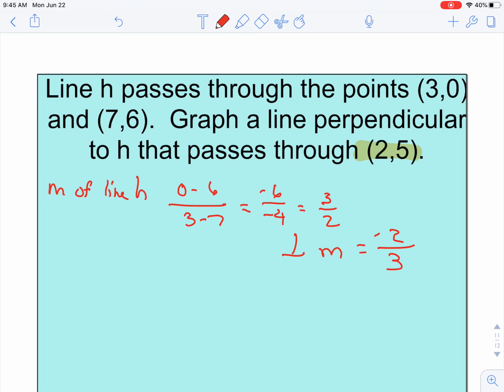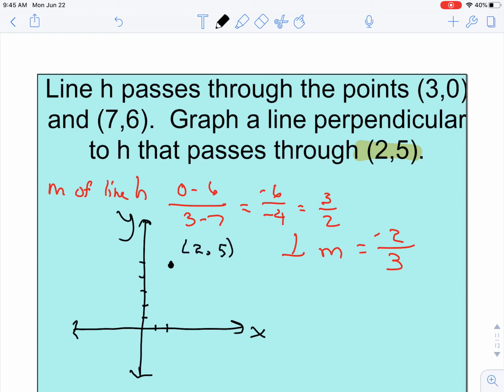So what I'm going to do is make a coordinate plane grid, and I'm going to plot the point 2, 5. So 1, 2, 1, 2, 3, 4, 5. That would be right here. So that is the ordered pair 2, 5. Our line is going to go through that point, but it's not going to have the slope of 3 over 2.